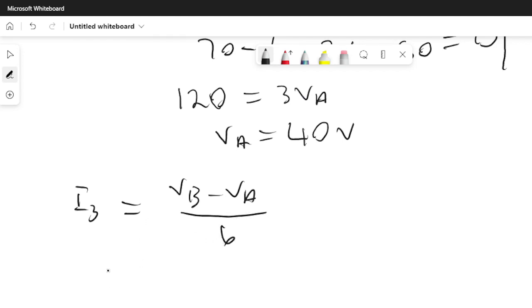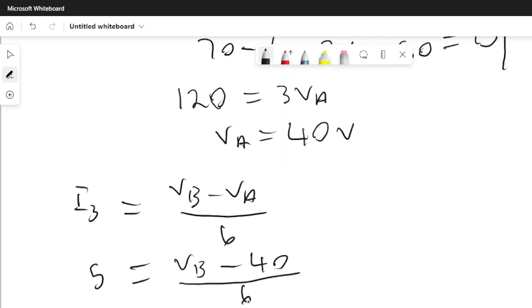Now I already know the value of I3. This is 5, which is equal to VB, our unknown, minus 40, divided by 6. If I multiply both sides by 6, 6 times 5 is 30, which equals VB minus 40.